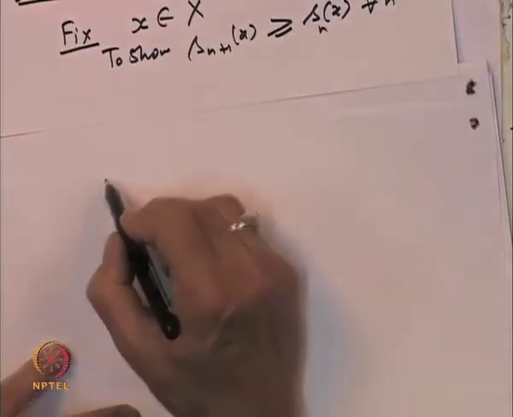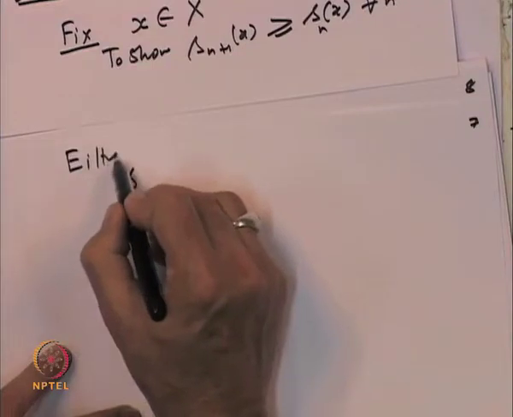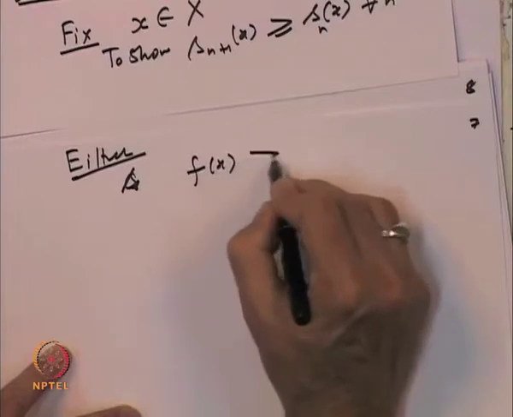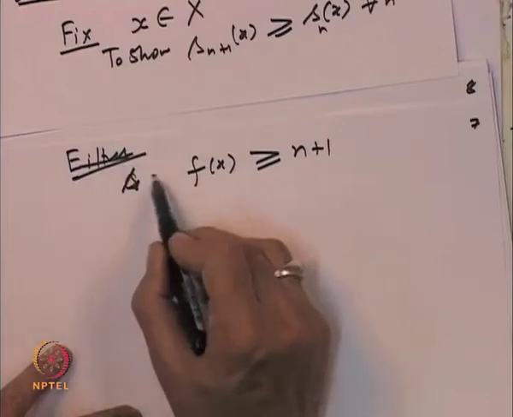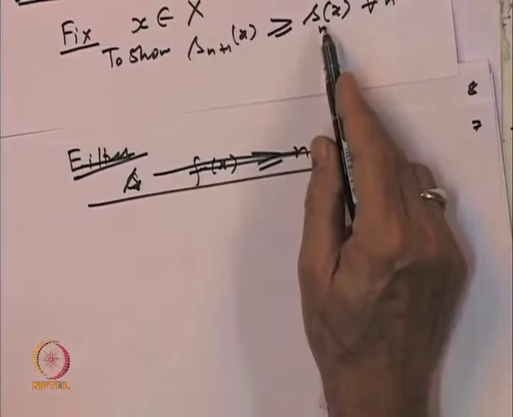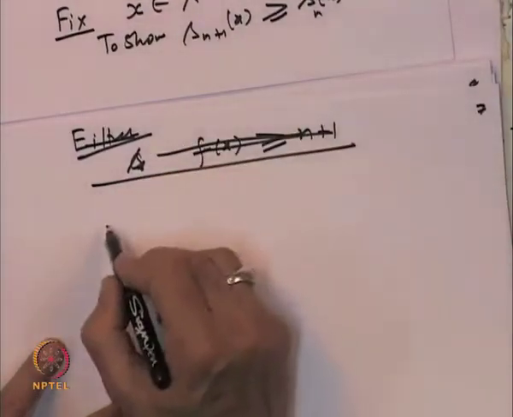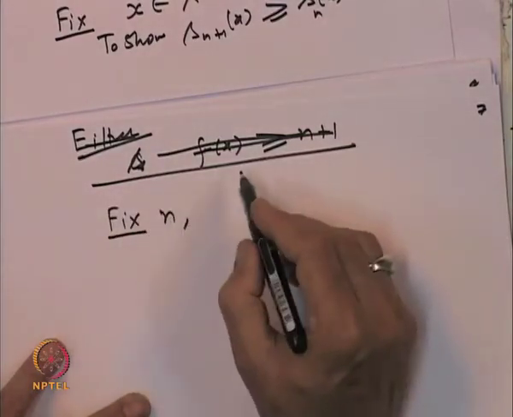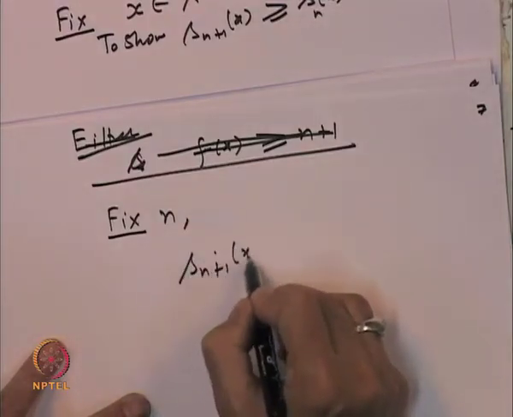Now, let us look at it slightly differently. I want to prove that S n is increasing. So, to prove the increasing part, let us fix n. We want to look at what S n plus 1 of x is.